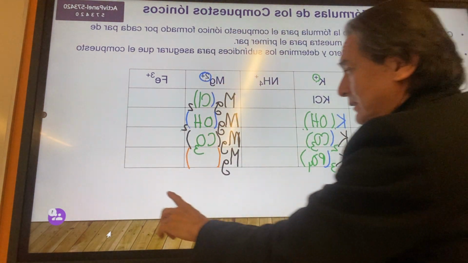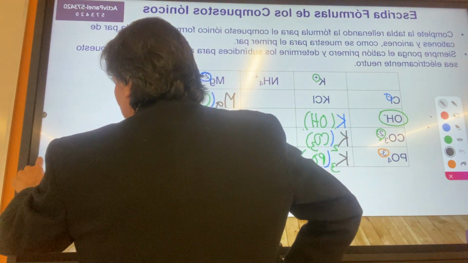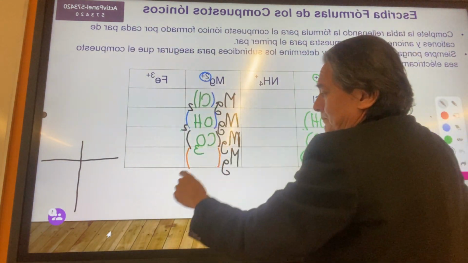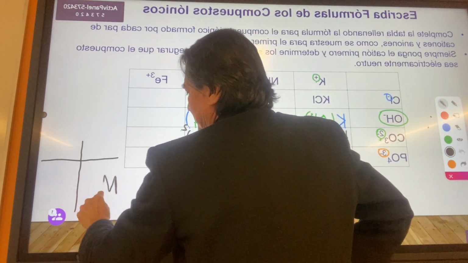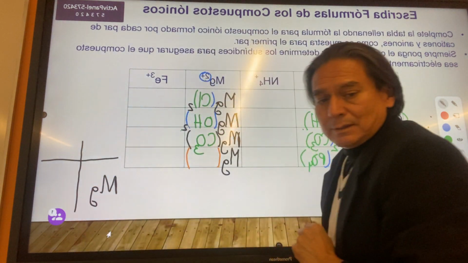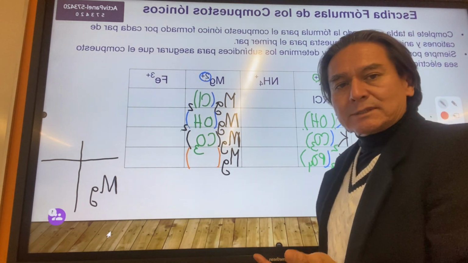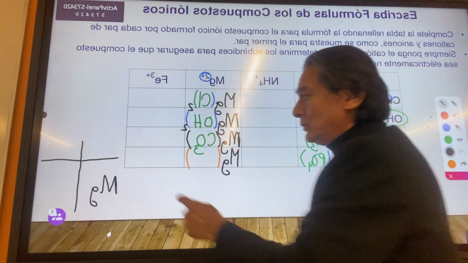What you do is you make a table that looks something like this. You say the magnesium, right? Magnesium. Then you say, how many valence electrons will magnesium provide? 2.